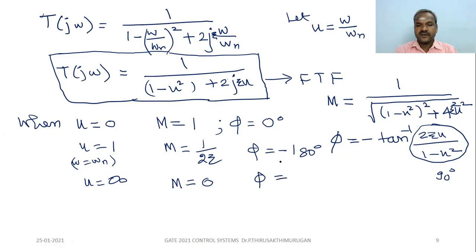When u equal to infinity, this is 90 degree. Here at high frequency, it becomes double the value, minus 180 degree. Okay. So using this, we can draw the curve, the standard frequency response of second order system.